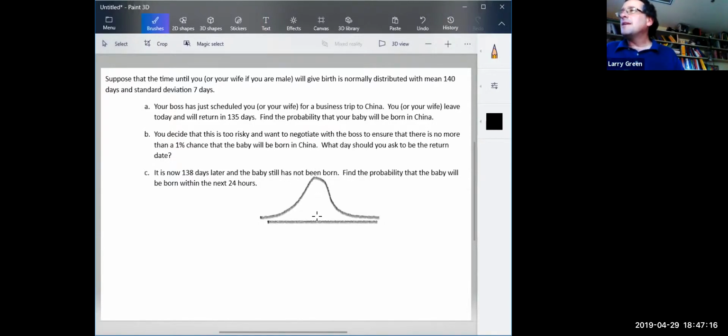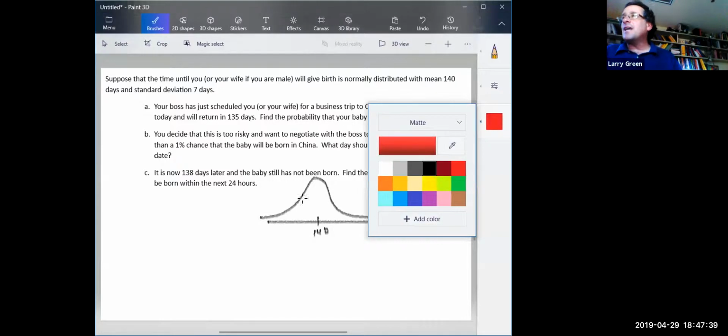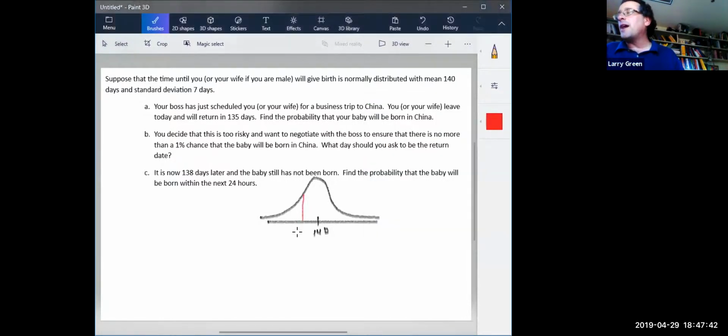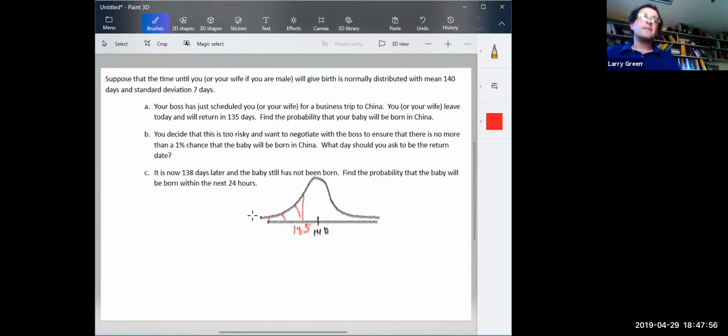The mean is 140. The standard deviation is 7. We want to find the probability that your baby will be born in China. If the baby is born in China, that means it's born before the 135-day mark. Any questions on the picture?